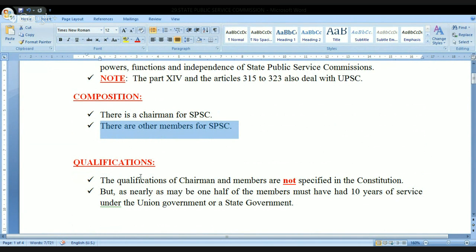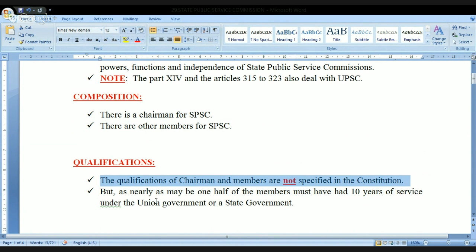The Constitution has not fixed any strength for the UPSC. In a similar manner, the Constitution has not fixed any strength for the State Public Service Commission. Look at the qualification. The qualifications of the chairman and members are not specified in the Constitution. It is just like a repetition of what we discussed yesterday.